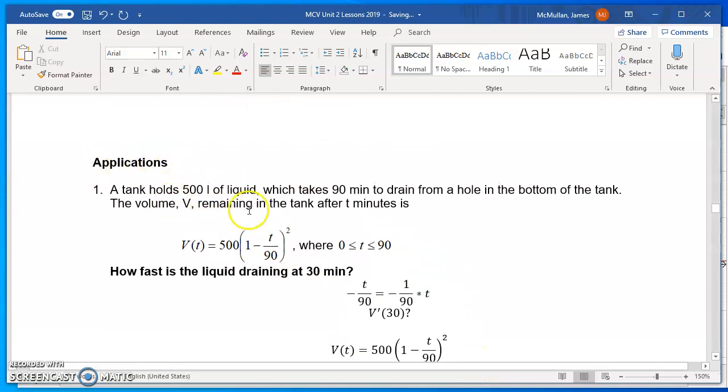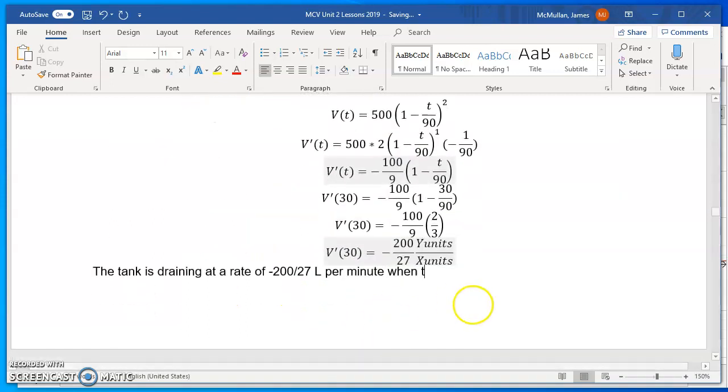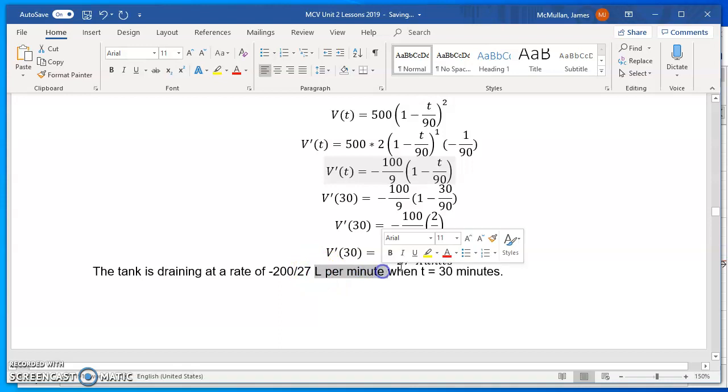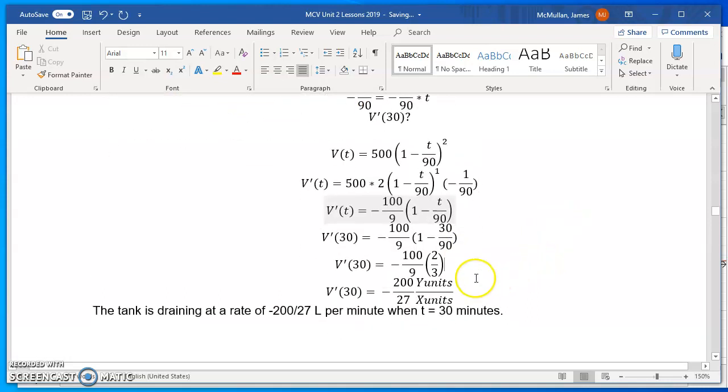The y unit is liters, the x unit is minutes, when t equals 30 minutes. And that's how you give the answer here. You've got to tell me the rate of change unit if you want full points on any application question, because part of understanding what you're doing is telling me the unit that is being measured in.